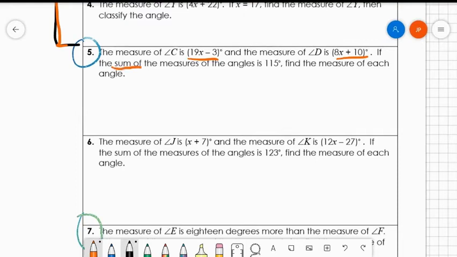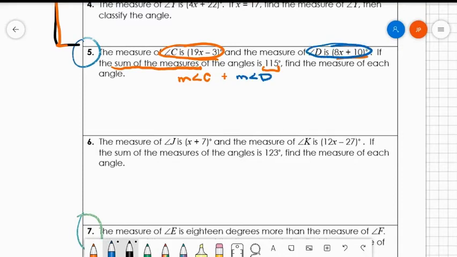But they're telling me when I add those measures together, they equal 115. So what they're really saying is the measure of C plus the measure of D is 115.